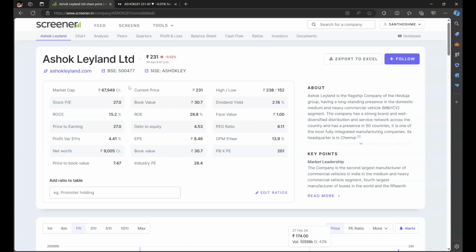So this is the screener page for Ashok Leyland. Today I will discuss the fundamental analysis of Ashok Leyland. I will cover what all things you need to look for when you are looking for an opportunity to buy a particular stock, right?